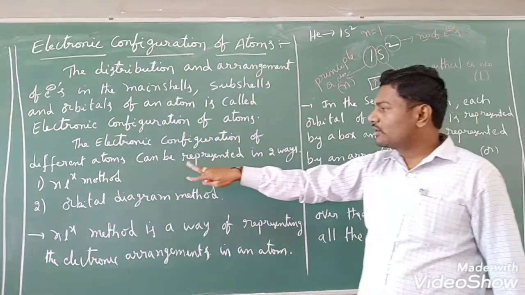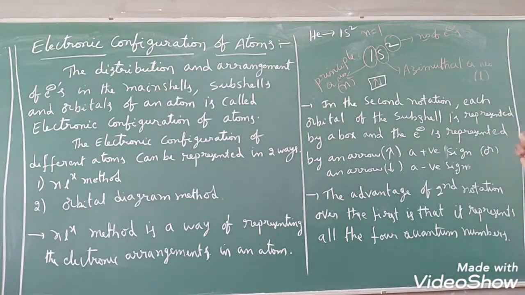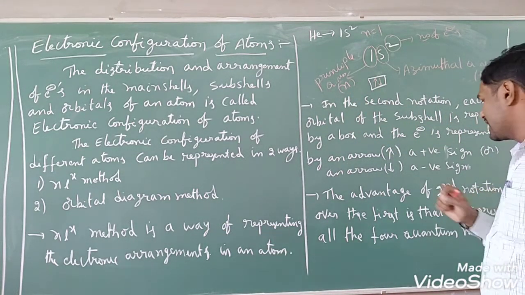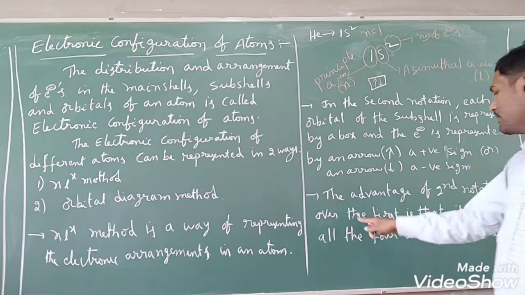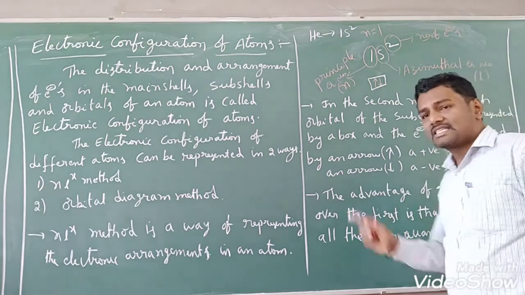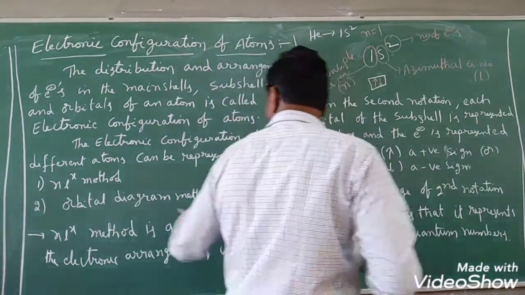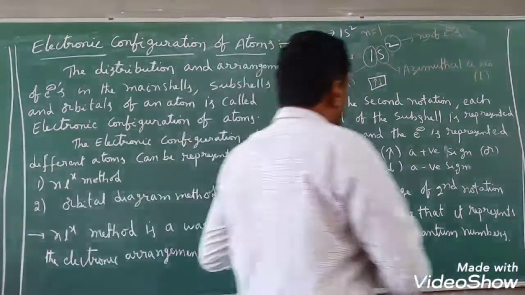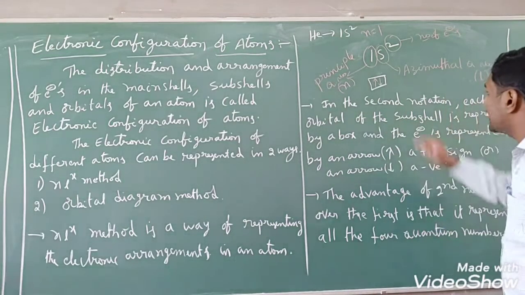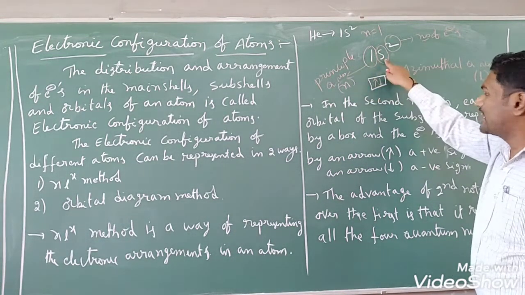If you compare both notations, there is some advantage in the second notation. The advantage of the second notation over the first is that it represents all the 4 quantum numbers. Why? In the first notation, we can represent only with the nlx method, that is 1s2.